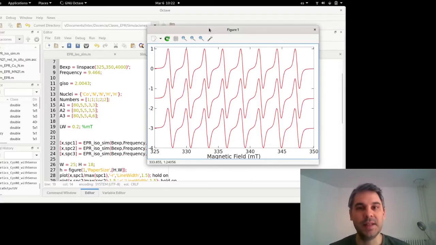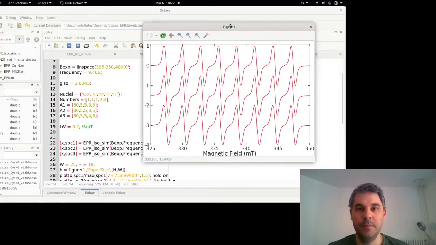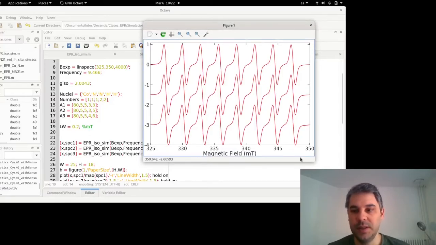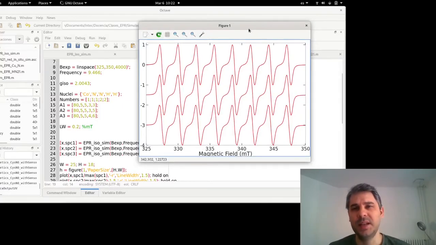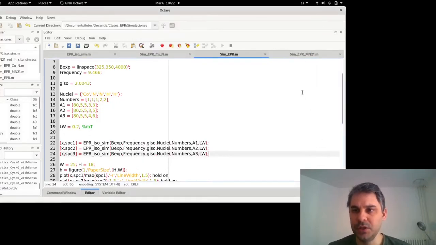In other cases the line width is due to a distribution of G values and A values for the main magnetic atoms in the molecule. For example, when you have metals, you can have a distribution of G values that depends on small distributions of geometries of the molecule, due basically to structural fluctuations.